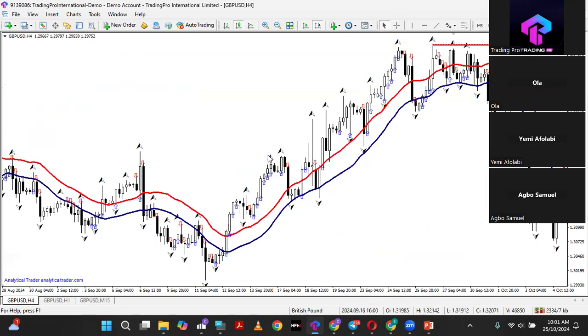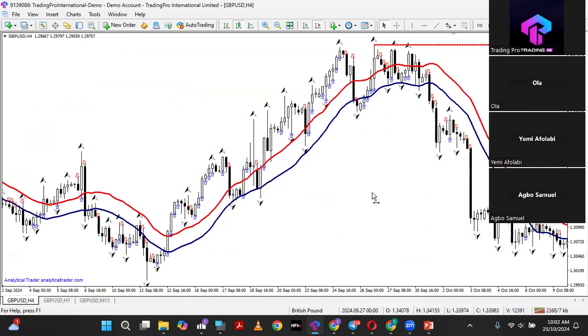Just look at this fractal. You can see that the fractal is going up. Do you see it? Yes, I see. It's going up, which tells you steadily that price is up. And if you look at the bottom fractal, it's also moving up. That tells you that you're in an uptrend.